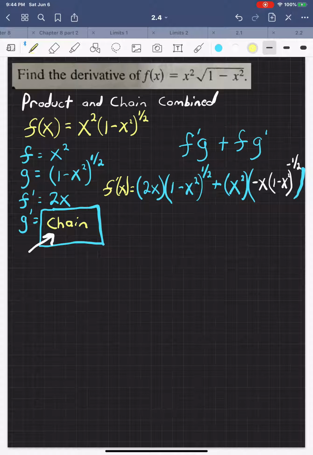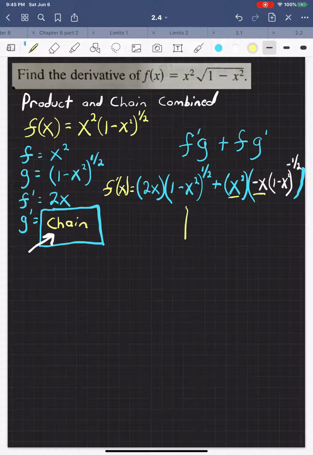So what I'm going to do is I'm going to get rid of all these parentheses that are cluttering, and I'm going to go ahead and multiply x squared times negative x, which is negative x cubed. So I want to do all of this in one swoop here.